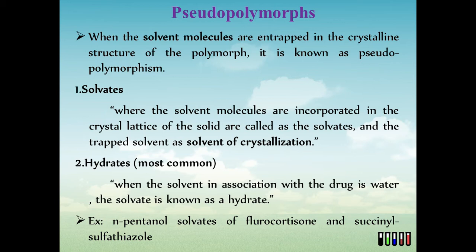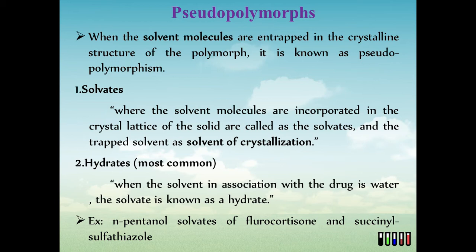Now pseudopolymorphism is of two types, that is solvates and hydrates. These come under the stoichiometric complexes of drugs. These two types of pseudopolymorphs differ from each other in what is entrapped in your drug molecule.